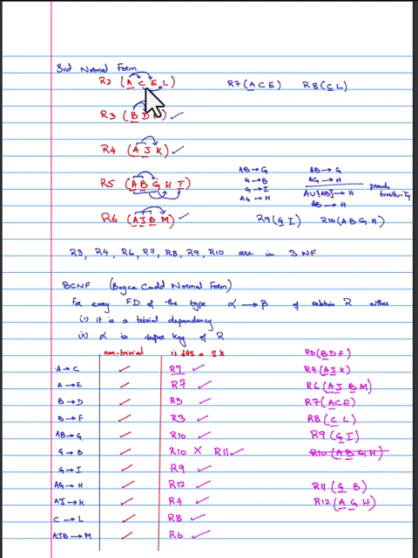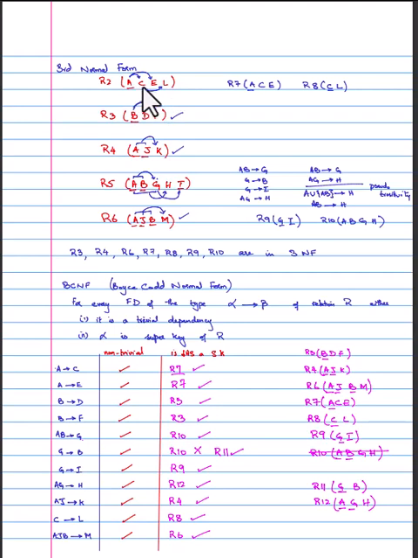Although A identifies C and C identifies L, this means A identifies both C and L. This also means C and L non-prime attributes depend wholly on one primary key. But this transitive dependency, or indirect dependency, of a non-prime attribute on the prime is not allowed.